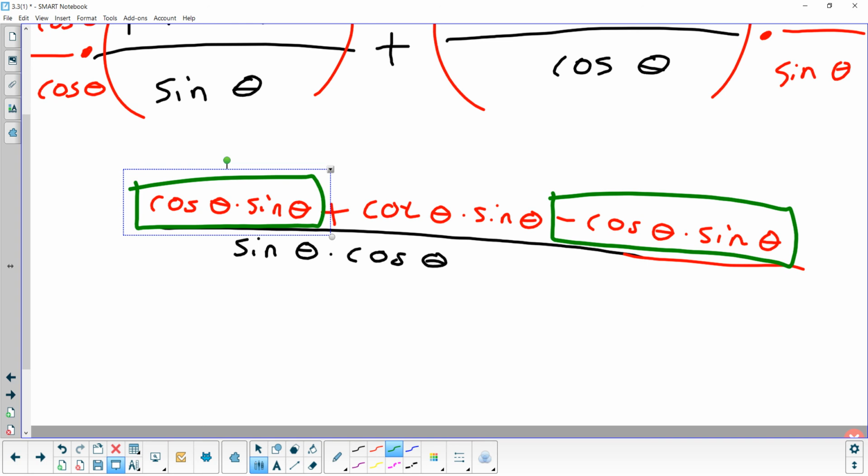That's like having a 3 and a minus 3. When you combine them together, what do you get? 0. You have the positive version of something and the negative version of that same thing. So all of that just disappeared. That's 4 things that just went away.